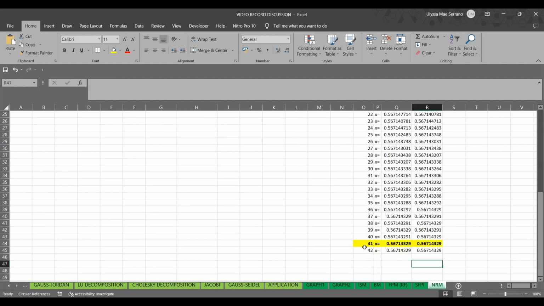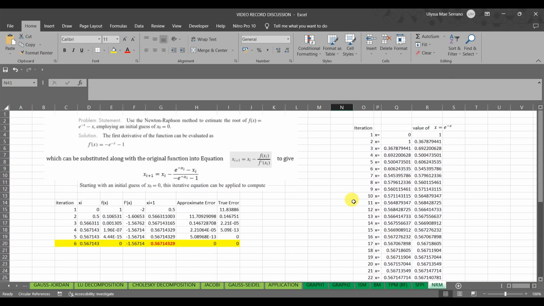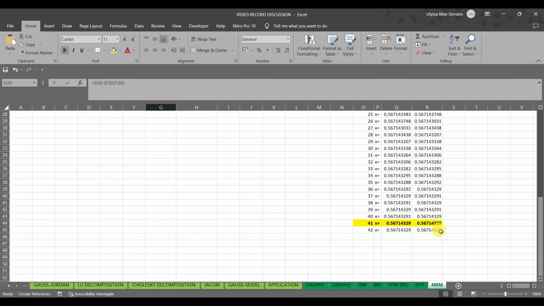So, it means that it takes too long to converge applying simple fixed point iteration in comparison to the Newton-Raphson method. At just the 6th iteration, you already find the value of the root of the function, while here you need the 41st iteration before you get the root of the function.